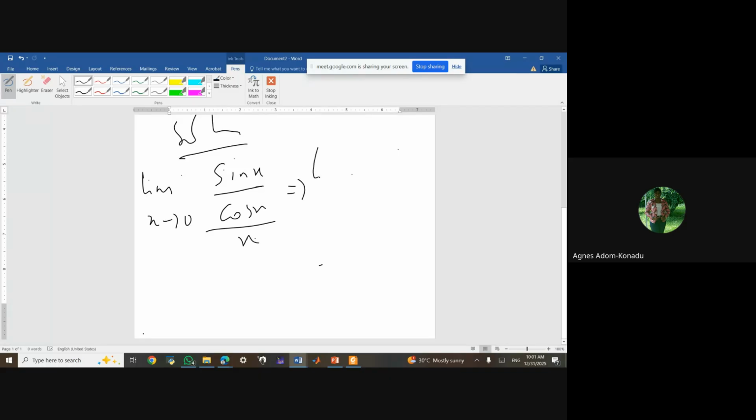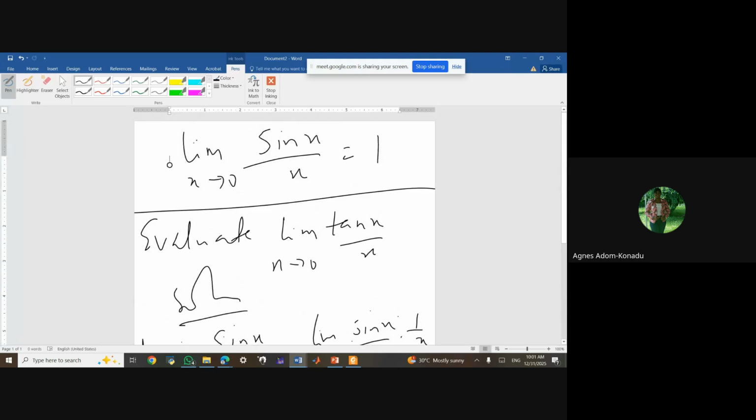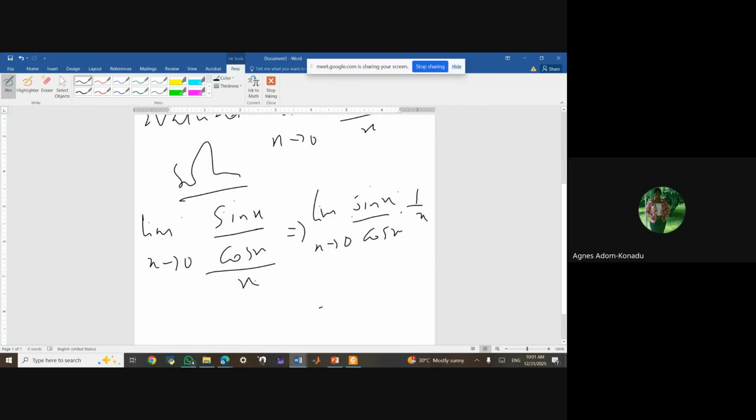This is the same as the limit as x approaches 0 of sin x over cos x times 1 over x. But I have the theorem in mind, so I have to play around with it to get that form.